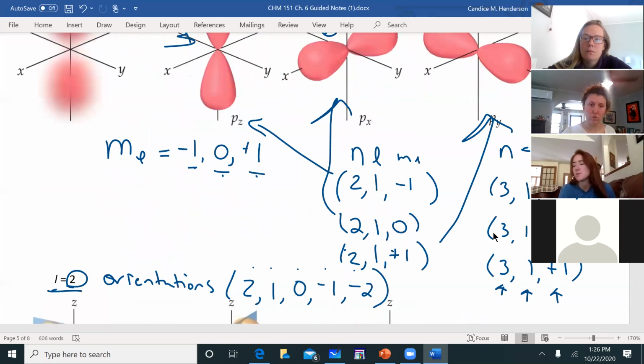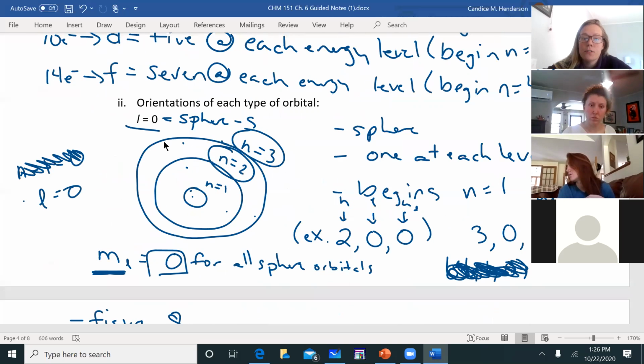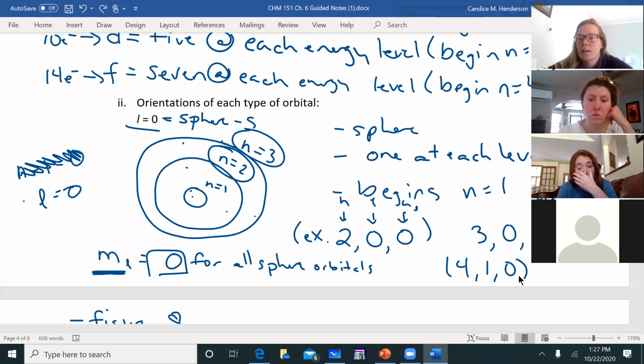What shape would that be? Would that be a 1, for a sphere? Oh, it would be a 0. So here is your L value. What did I put there? I had 4, 1, 0. The floor is correct.